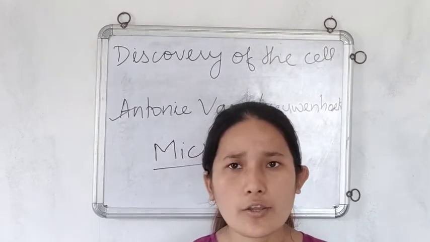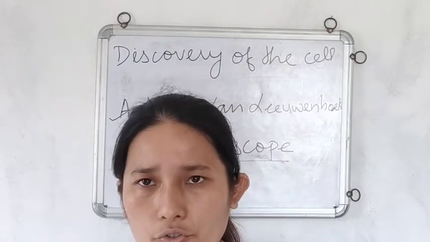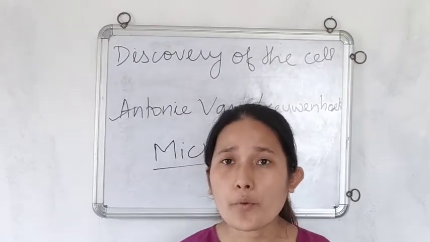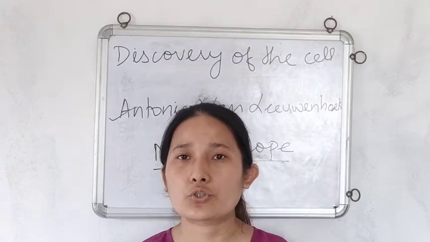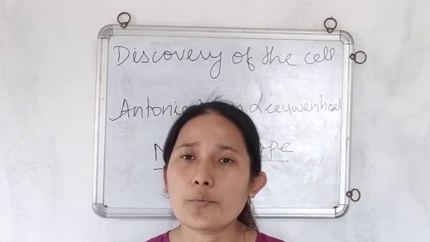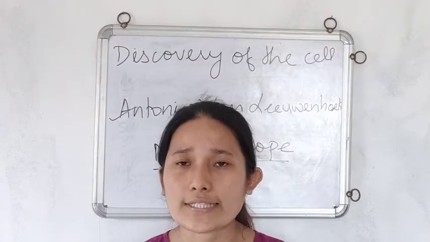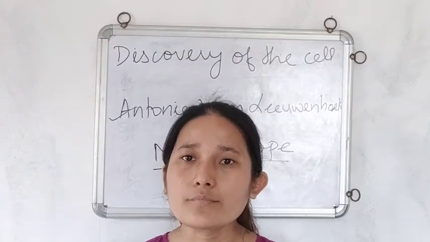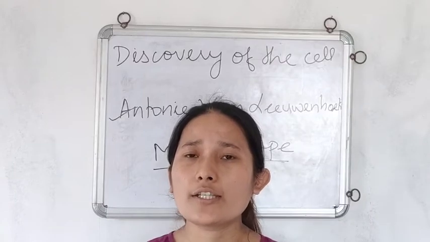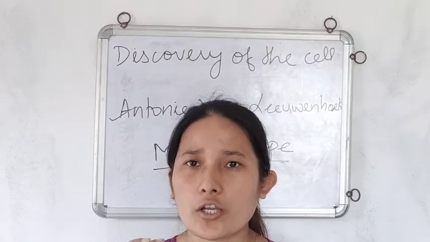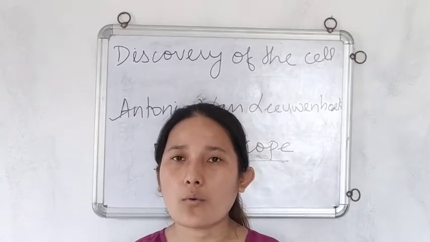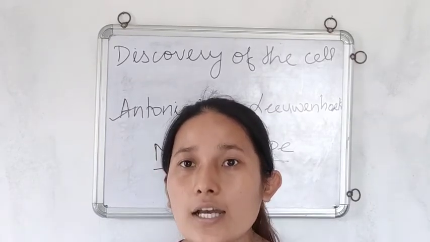Now I guess you all have seen the microscope, right? The microscope model that you see these days is based on Robert Hooke's microscope. Robert Hooke observed cork cells, and under the microscope he could see compartments like those of a honeycomb. That's why he was the one who termed it a cell.